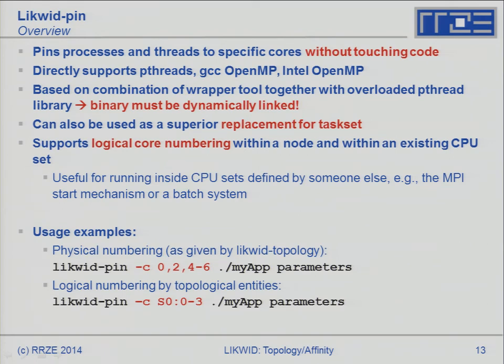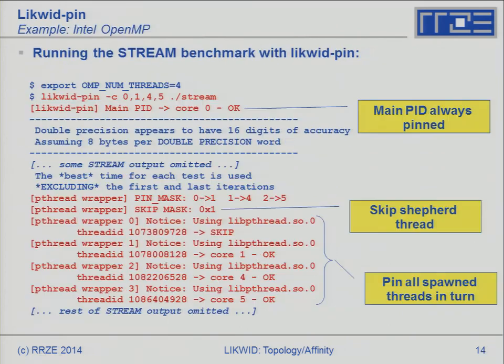No matter what the actual numbering is. So the numbers of these cores in the original numbering could be 0, 8, 1, 9, 3, 10. Yeah. Here, we don't have to remember this. We just say socket 0, physical cores 0 to 3, and that's it. No matter what the physical numbers are.